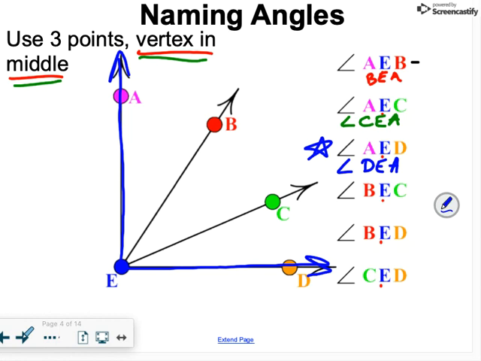Those two angles are exactly the same. So just talking through those other ones, notice E, our vertex, is in the middle. Making sure that vertex is always in the middle.